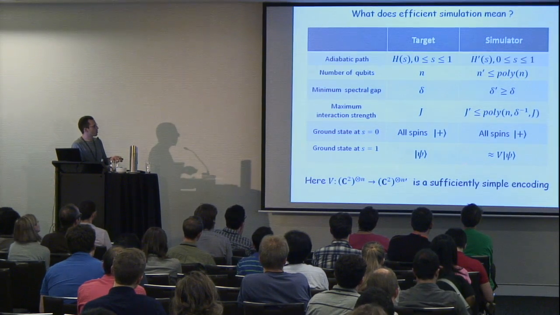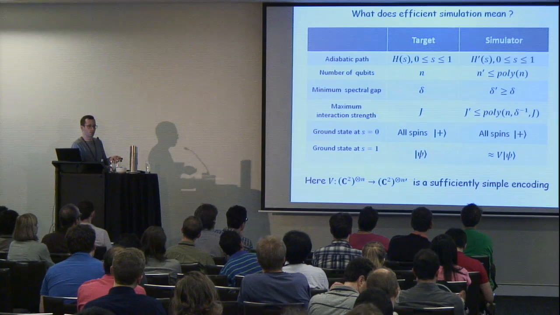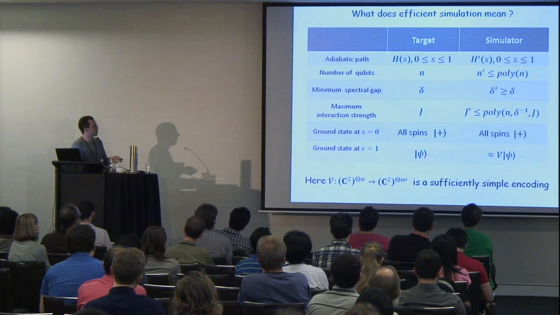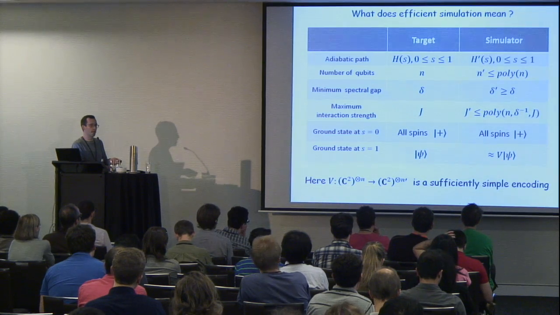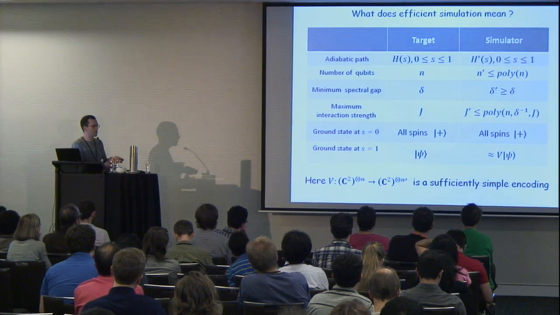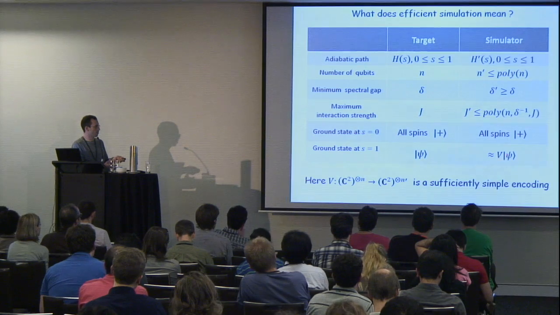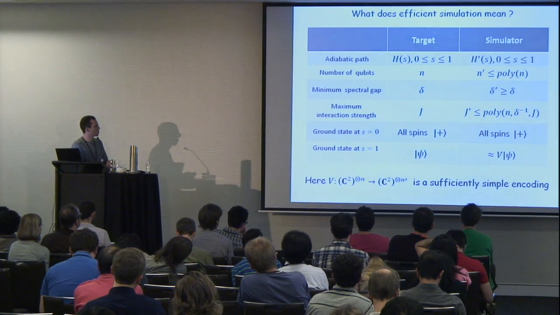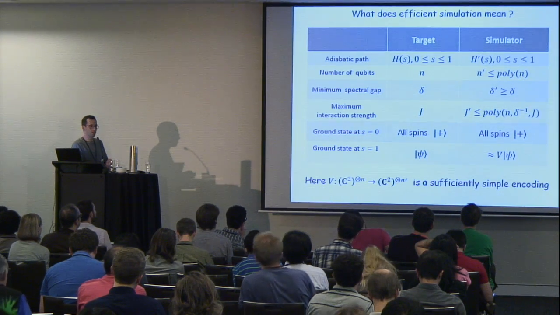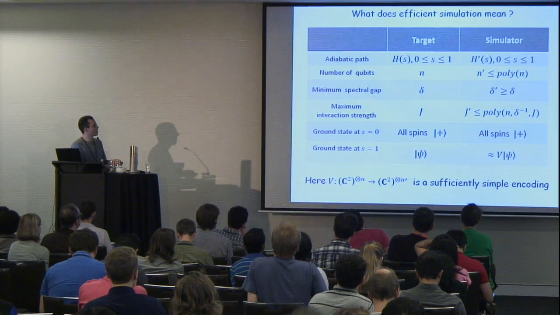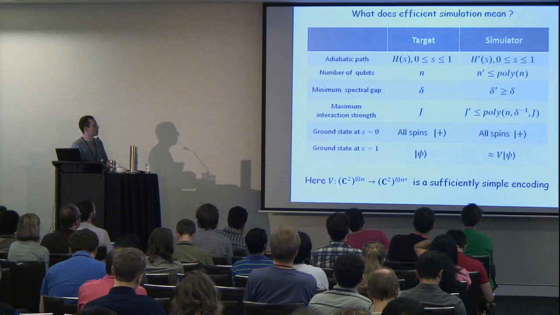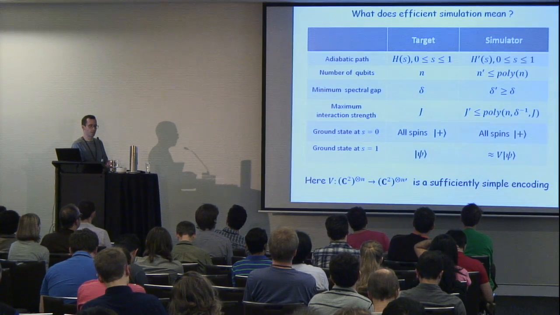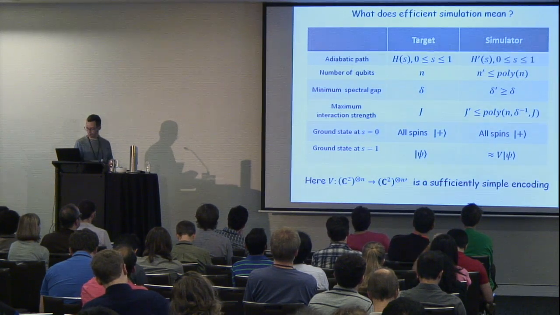And if you look at the ground state at s equals 1, which is supposed to encode the solution, here we have psi in the target Hamiltonian, and in the simulator Hamiltonian we should have some encoding of psi, which is sufficiently simple that you could still get the solution from this state. So under these conditions, the adiabatic theorem will guarantee that the time required for the quantum annealing algorithm using the simulator is a polynomial function of the time required for the quantum annealing using the target.